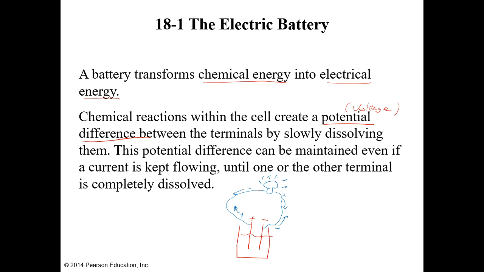Now you can have a potential difference maintained as long as these chemical reactions in your cell can keep going. And that will keep going until one of the two terminals or both of the terminals become completely dissolved. And once they're dissolved, you no longer have the ability to transfer chemical energy into electrical energy.